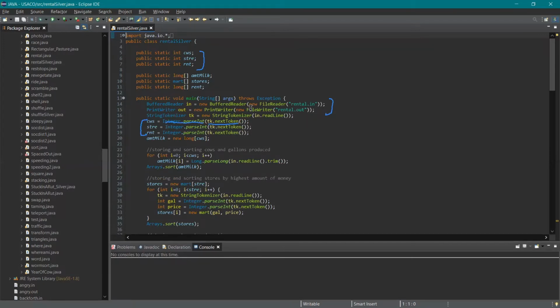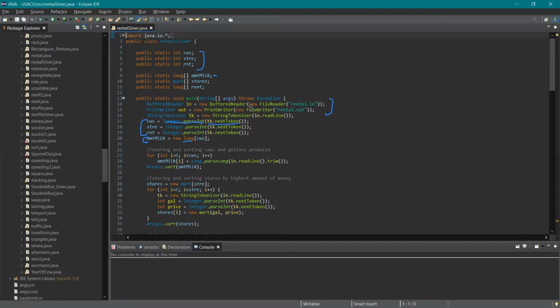We want to create a variable amount milk, and make sure it's long. The problem said you would need a long because the number is over 1 million, and the maximum number of digits an integer can hold is 9.